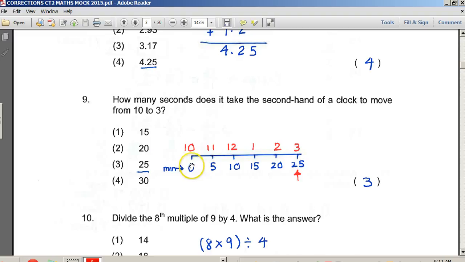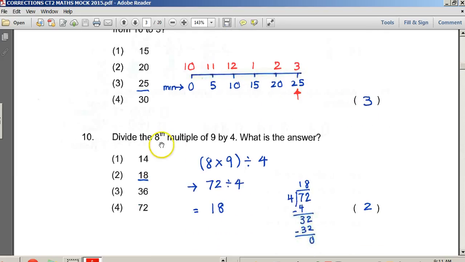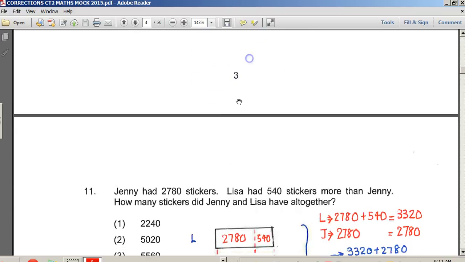You start from 0, from 10 to 11 is 5 seconds, next 10, 15, 20, 25, answer is 3. 8 multiple of 9, 8 times 9 is 72, divided by 4, 72 divided by 4 is 18. You can work it out this way. Let's carry on.